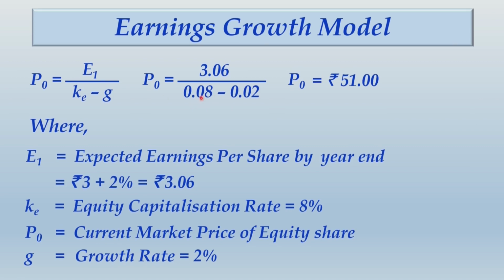However, if you are of the opinion that you should take 10% over here, obviously the answer will be different, but that will still be considered correct, because what ICAI has done is take whatever was return on equity as the implied value for equity capitalization rate, whereas somebody could have taken equity capitalization rate as the discount rate informed in the question, which we have taken as KE in the first part of the solution.